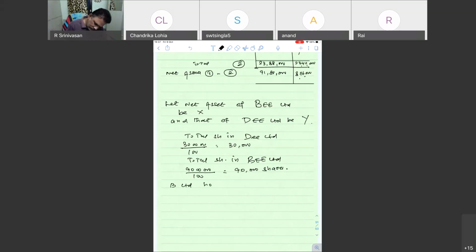B limited holding in D limited: how many shares does B limited have in D limited? 6,000 shares, 6,000 out of 30,000 shares. So 20% or 1/5. That is 9 lakh is the value. They are holding the interest in D limited for B limited is 1/5.